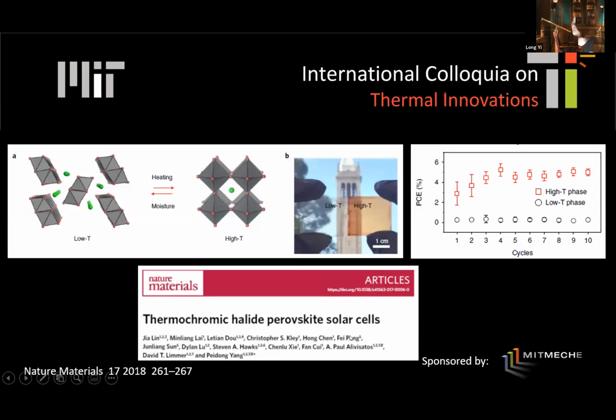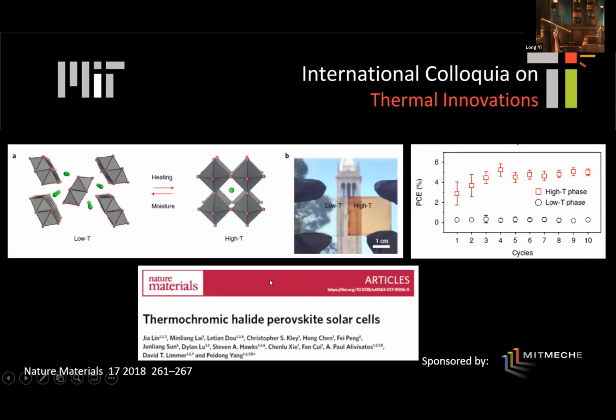As I said, because the window has a large area, especially in the urban area, people want to make full use of it. So why not have energy generation plus energy saving at the same time? Professor Yang Peidong from UC Berkeley came up with this idea using perovskite. At low temperature, more or less like winter, it lets the sunlight come in. In summer, it blocks the sunlight.